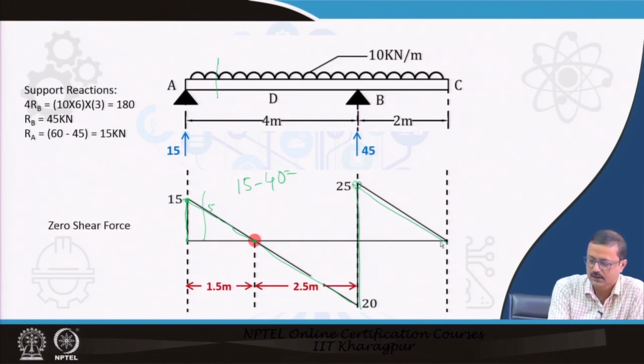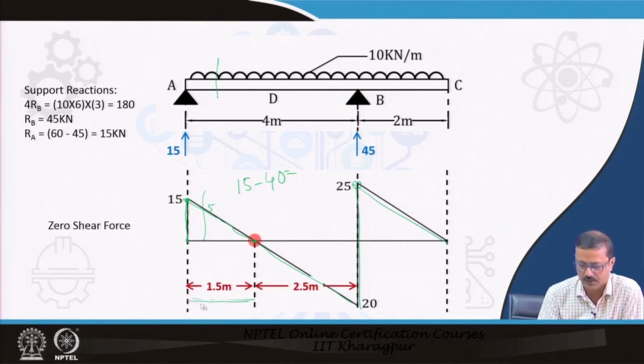Like that, at 1.5 meter the shear force is equal to 0, because after 1.5 meter you lose about 15 kilonewton. So plus 15 and minus 15 give you 0.